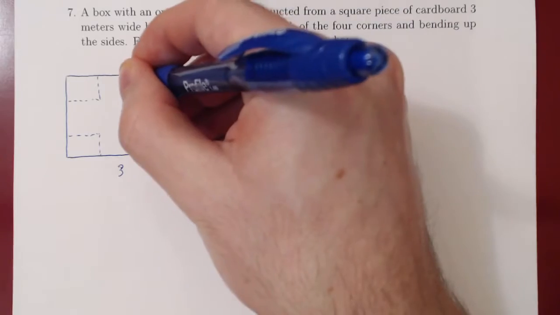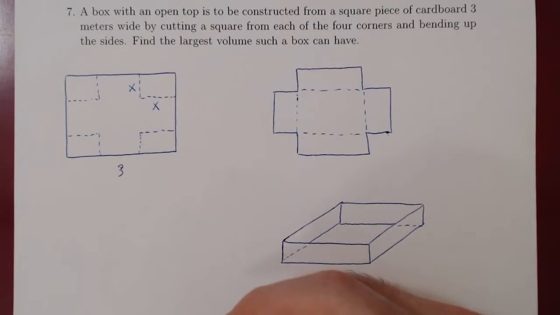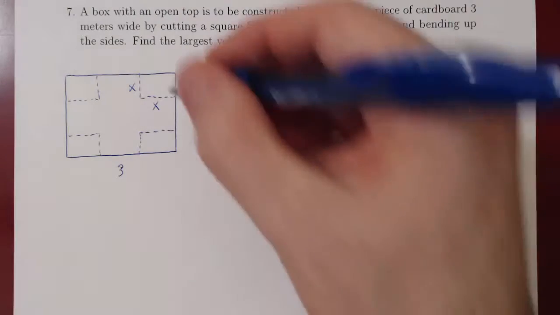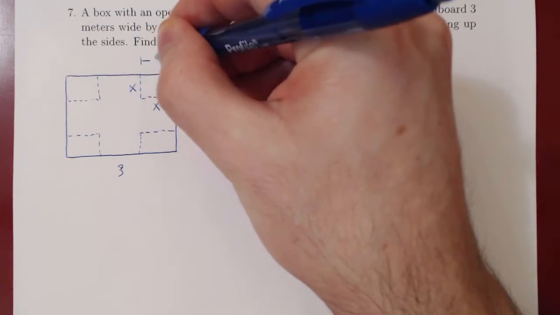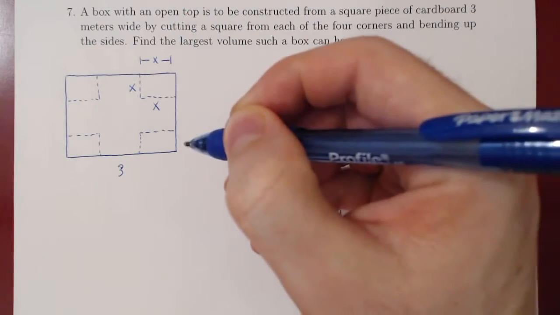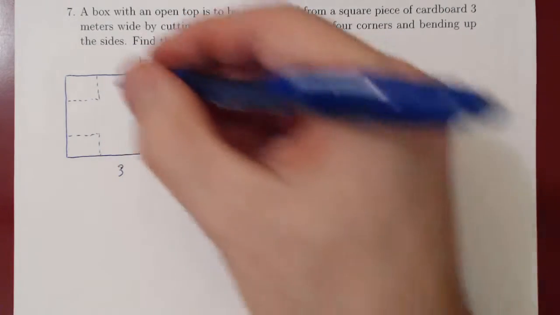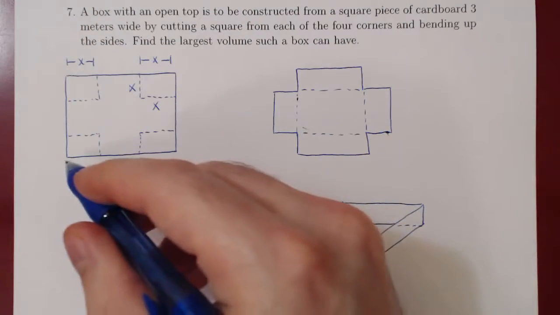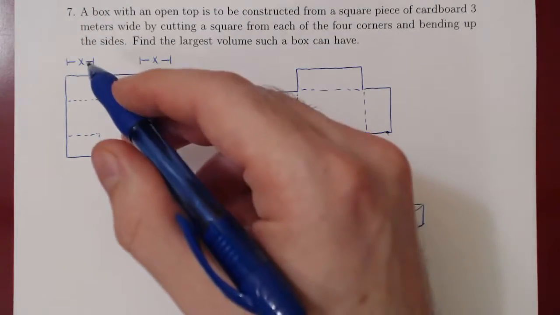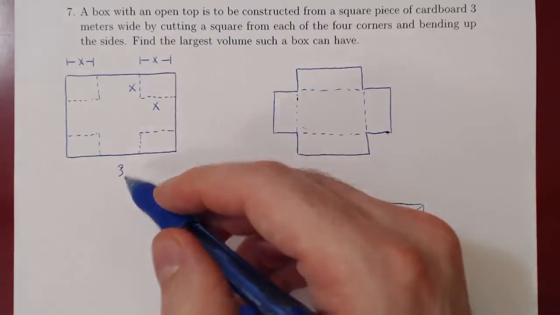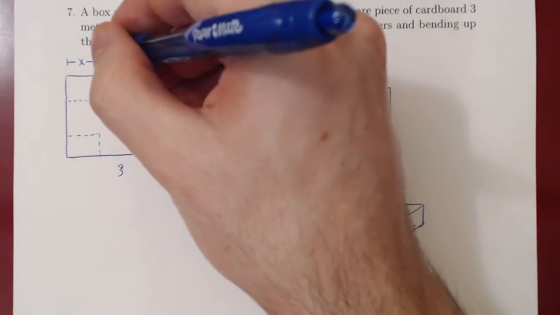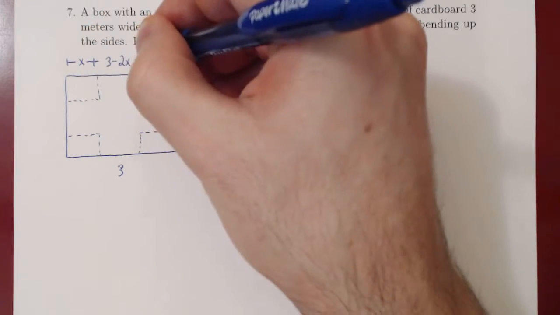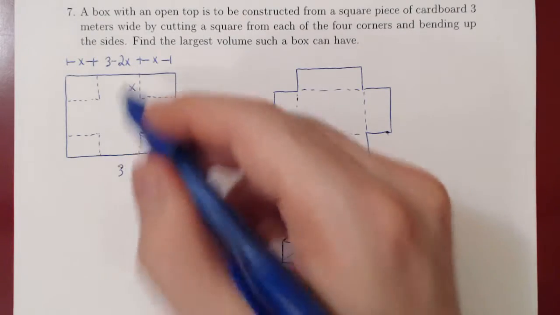So this is x. This is x. So if you look at the length of this here, well, this is x. This is also x. And the total length of a side is 3. If you remove x and x, 2 times, you're left with 3 minus 2x. And that's the length of this side.